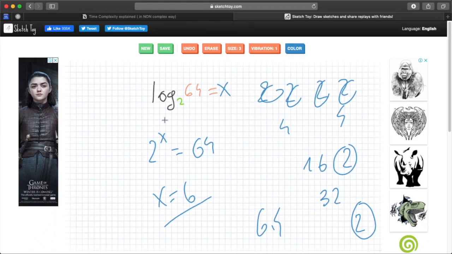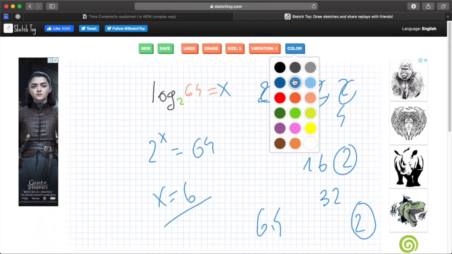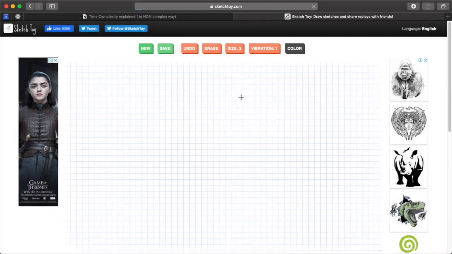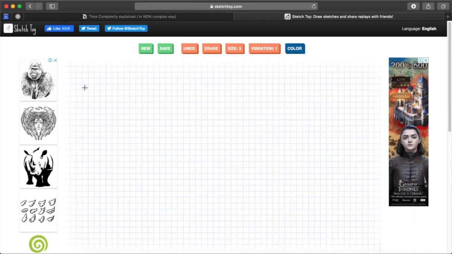This is a logarithmic function, and the point I'm trying to make here is, let me take another example. I'll just write here: logarithmic function of base 2 of 64 equals 6.